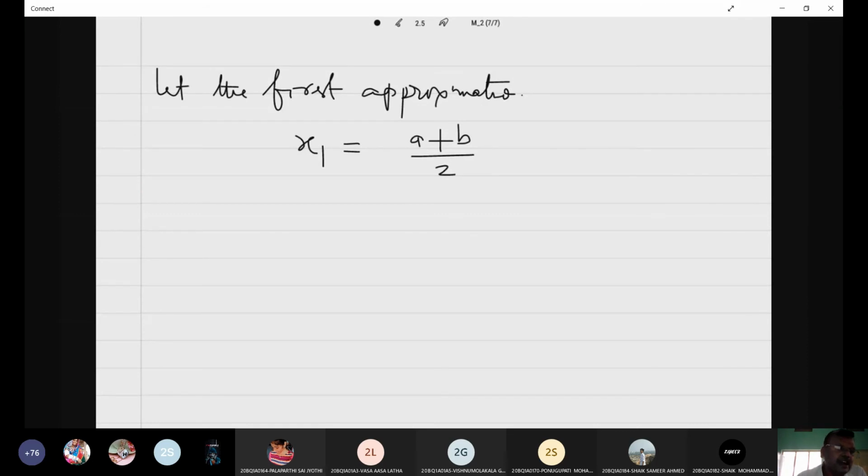If f of x1 is not equal to 0, it may be greater than 0 or less than 0. If greater than 0, the root is on the left side, if less than 0, on the right side.